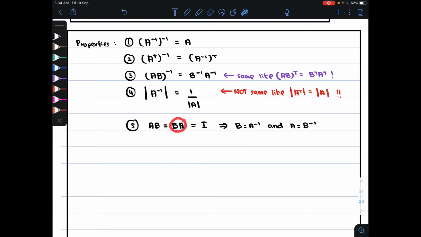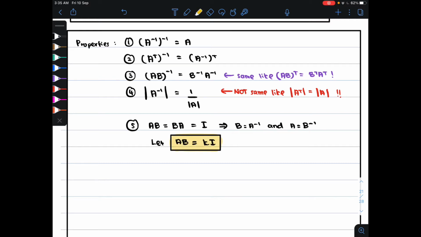And if you have BA equal to I, dan kamu tahu kata B inverse is equal to I, therefore A is B inverse, which is this one. Okay, so kalau kamu ada AB ataupun BA sama dengan I, maksudnya the matrix A and B are the inverse of each other. So that's how you find this one.